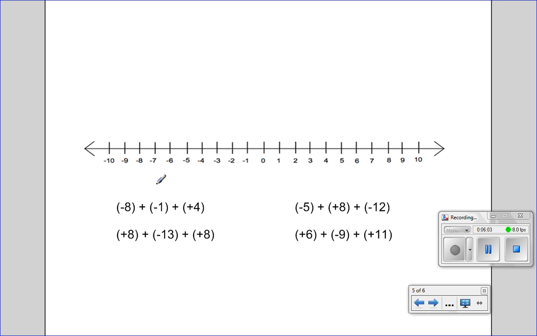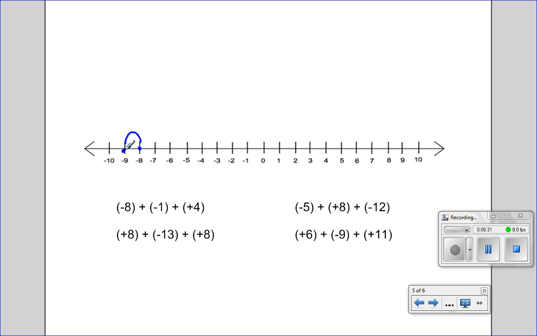Well, there's nothing different to this, folks. We'll start off at -8. Okay, that's our starting point. -1 means that we have to go back 1 to -9, but now we're at +4.